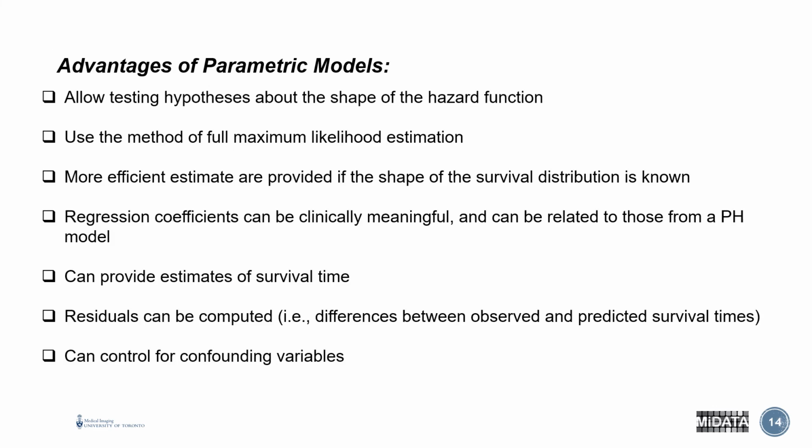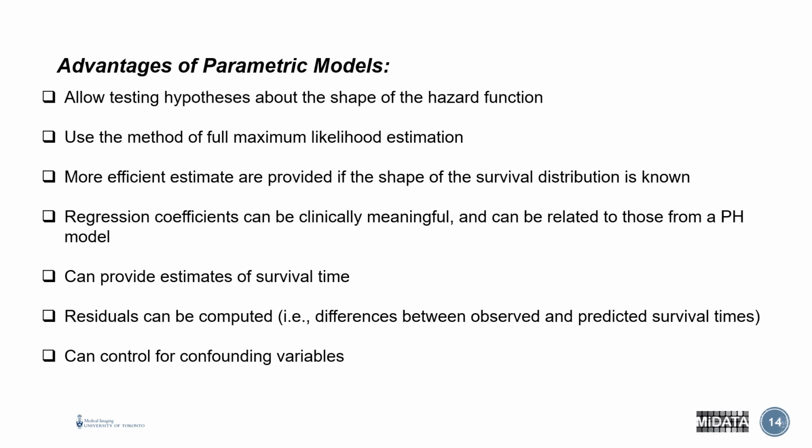So what are the advantages of parametric modeling and survival analysis? Now, in the previous slide, we mentioned that you need to make assumptions about the shape of your distribution or your hazard function or survival function. And if you make the correct assumptions and your data fits the distribution that you have hypothesized, then you have a strong model. But if you guess the wrong shape, if you hypothesize the wrong distribution, then your model is extremely poor.